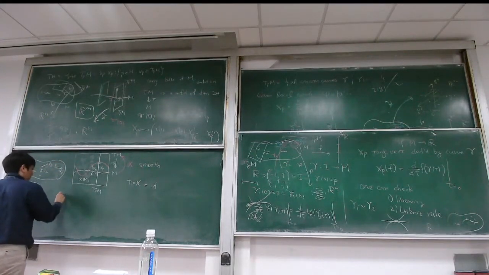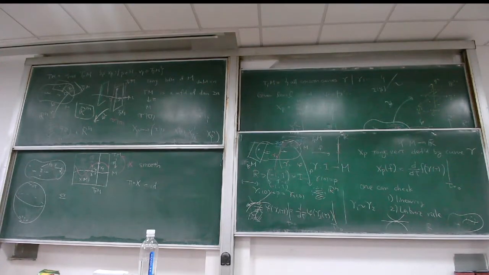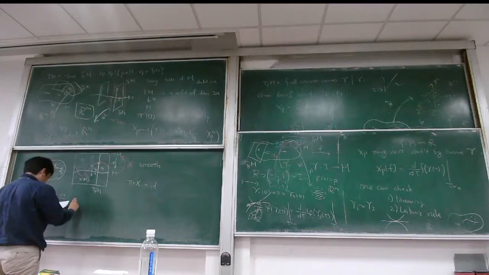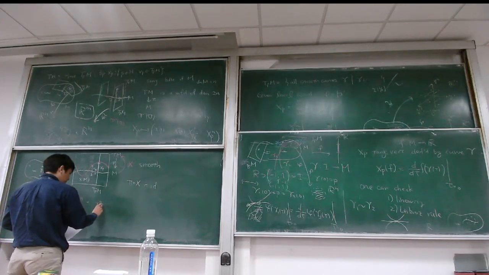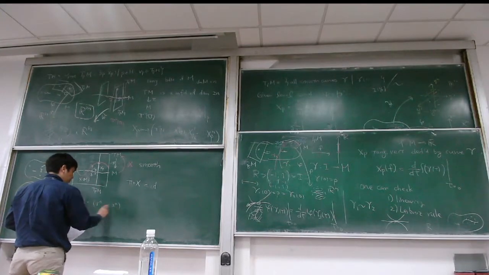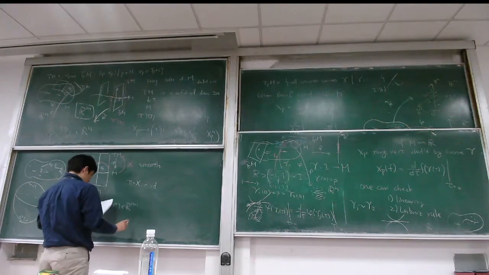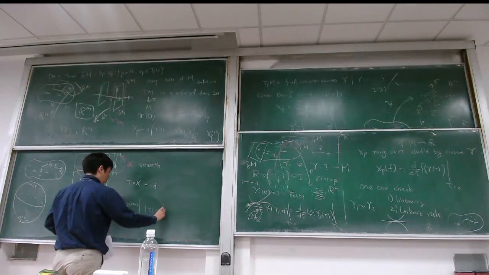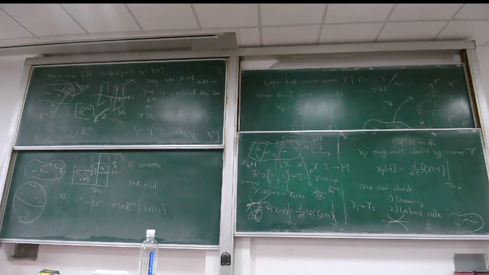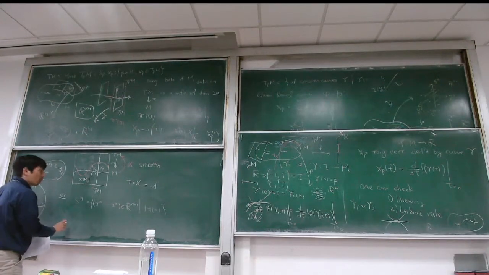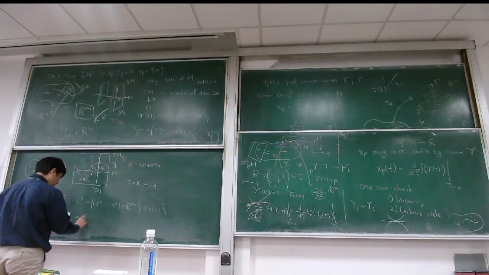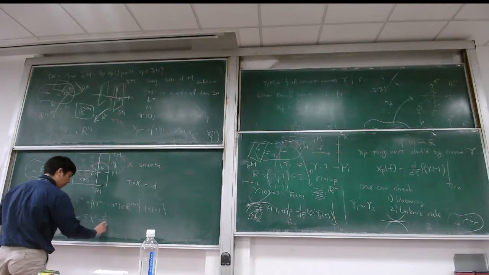Example. Sn is the n-sphere. Let's consider the n-sphere and the vector field defined by, let's see, x0. Let's call it x.